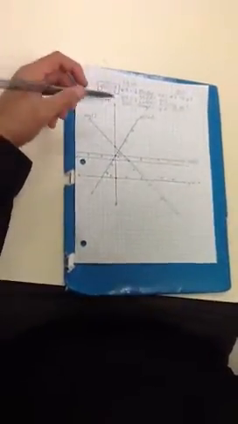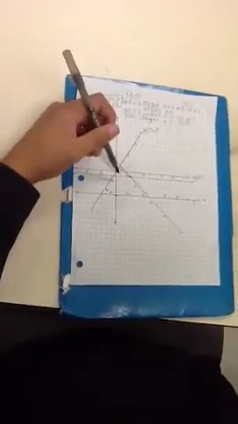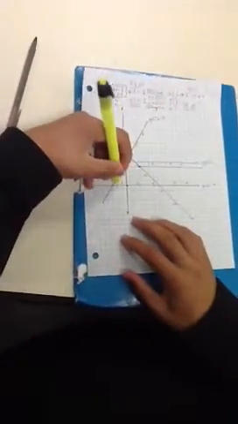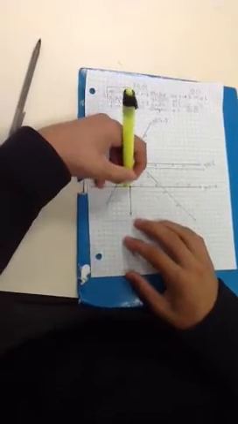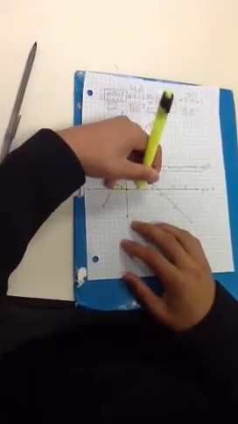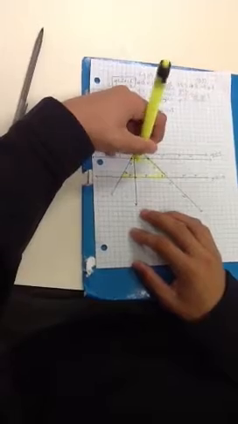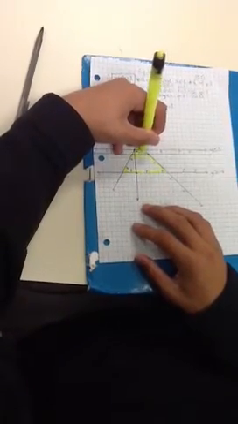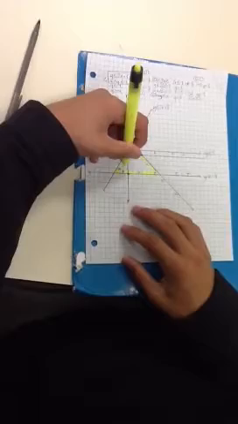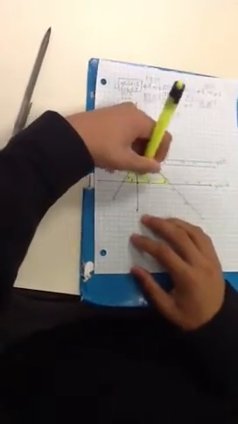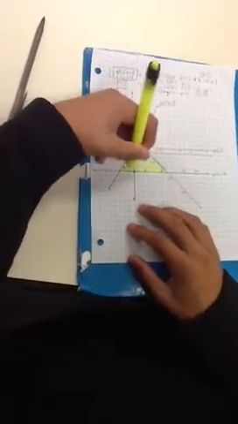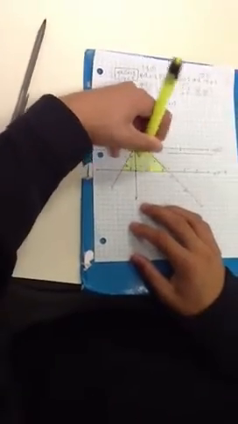And then once you see where they all meet, you highlight that area. It's called the area of feasibility. And then once you highlight that, you need to find the vertices, which are these points.